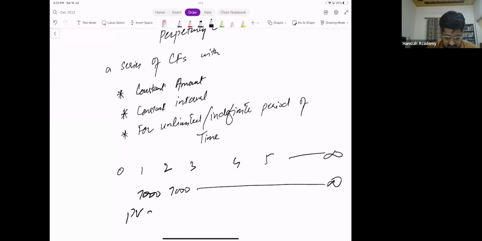So present value is equal to annual cash flow into 1 over R. 1 over R is the perpetuity factor basically.